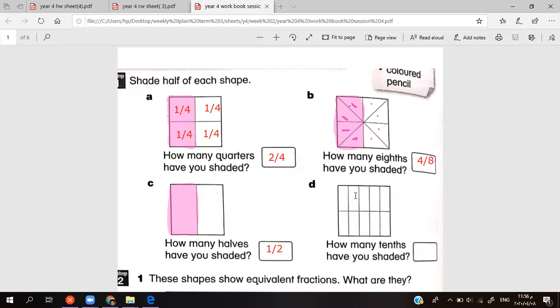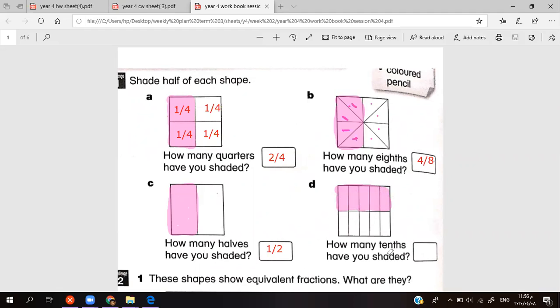Here, let's shade half the shape. Okay. Don't make the mistake and shade it like that. It would be easier if I shade it like that. This is half the shape, right?